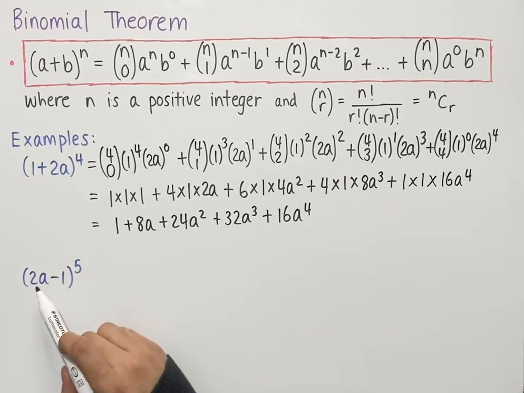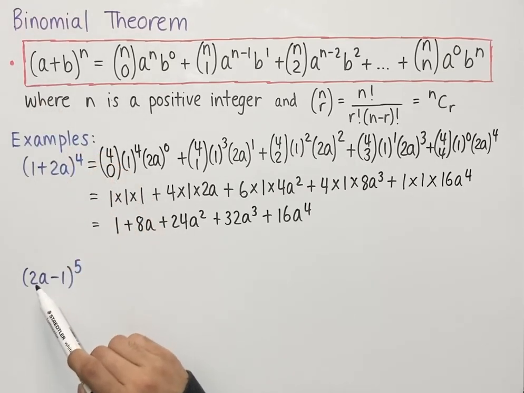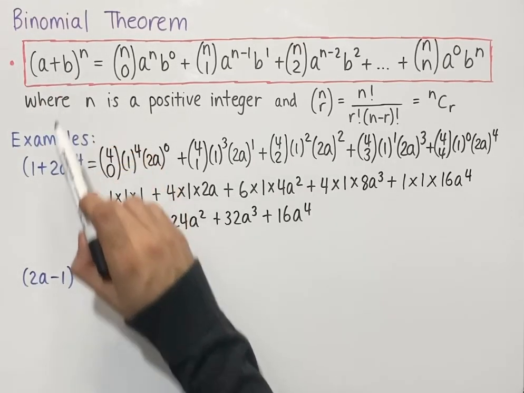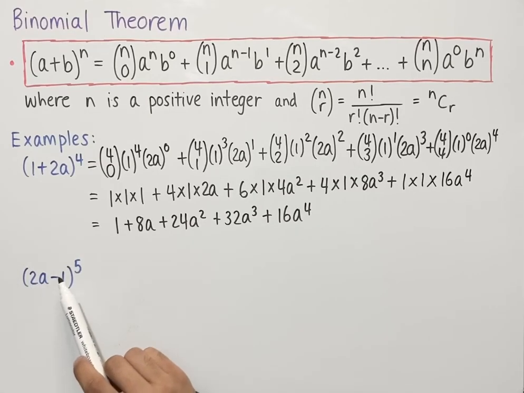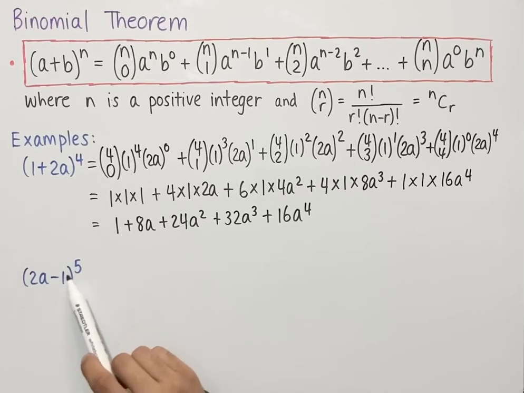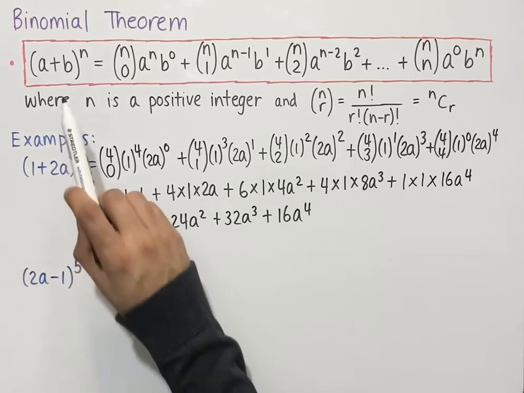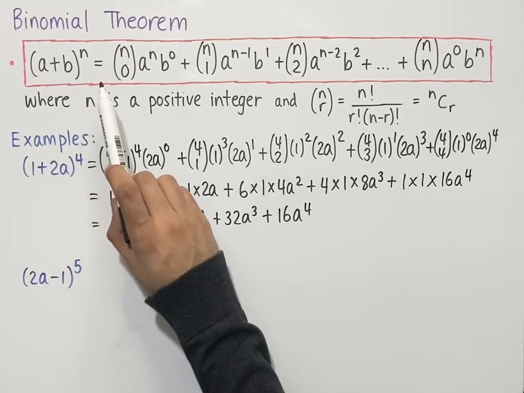So in this case, we have our a as 2a, and we have our b as minus 1, since 2a plus minus 1 is the same as 2a minus 1. We include the negatives when we're using the binomial theorem. And then our n is equal to 5. So we're going to use the binomial theorem again to expand this out.